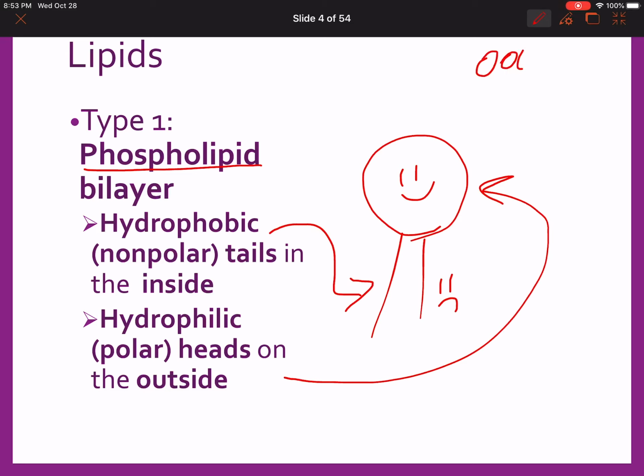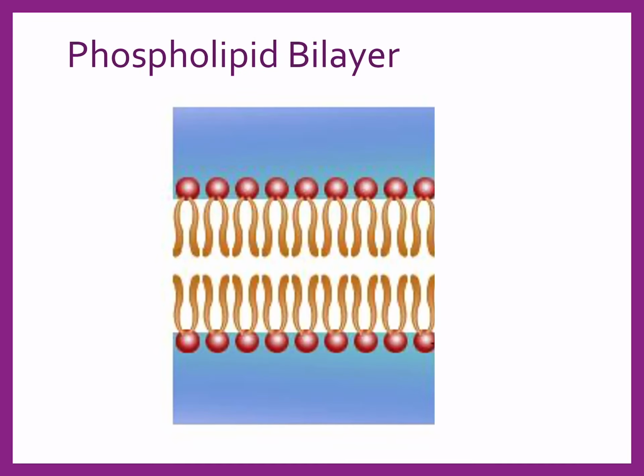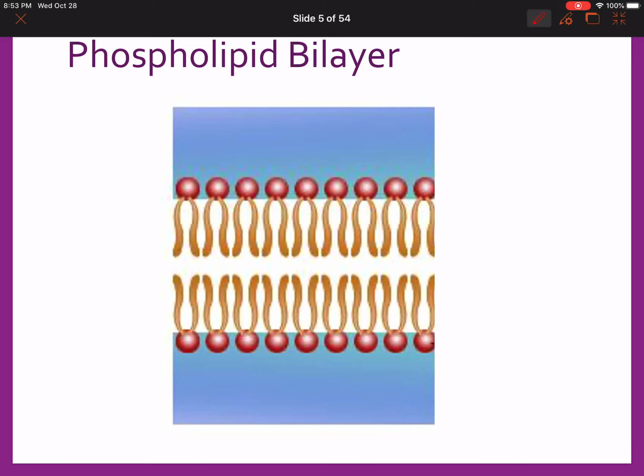So you put it inside water, and it will form a bilayer with all the tails on the inside where they are protected, and all the heads on the outside where they can be with the water they love so much. Okay, so that's really my bad drawing. This is the more professional drawing, but notice they're not all that different.